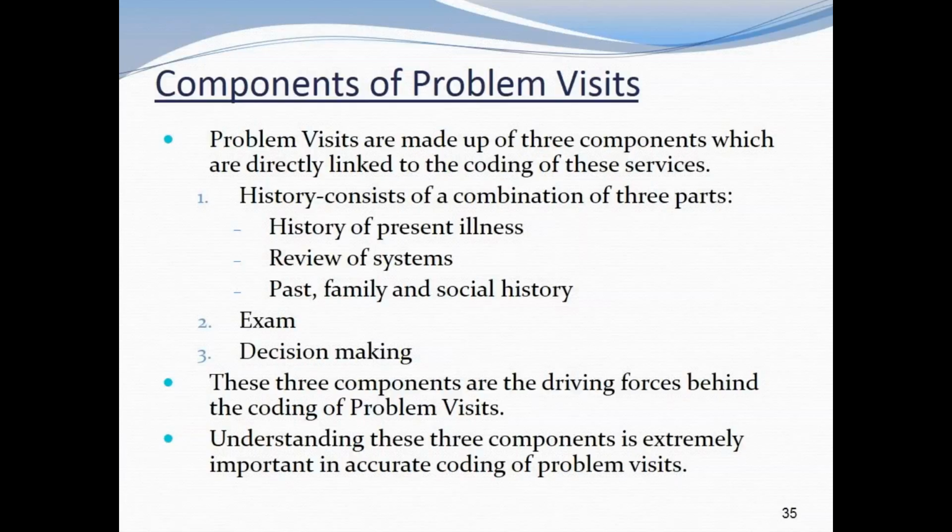Number two is exam, and number three is decision making. These three components are the driving forces behind the coding of problem visits. You have to understand these three components to accurately code problem visits.